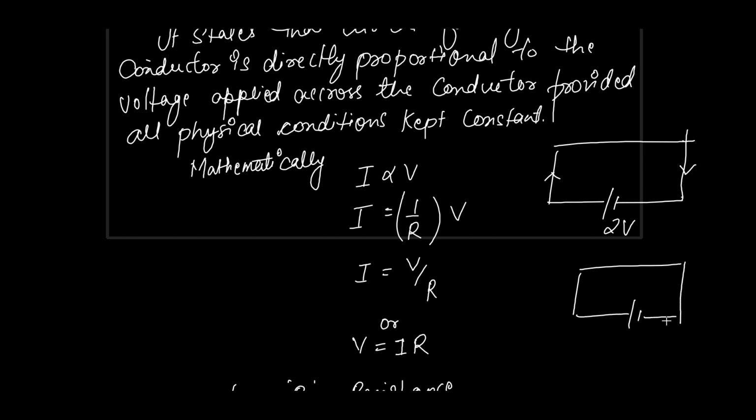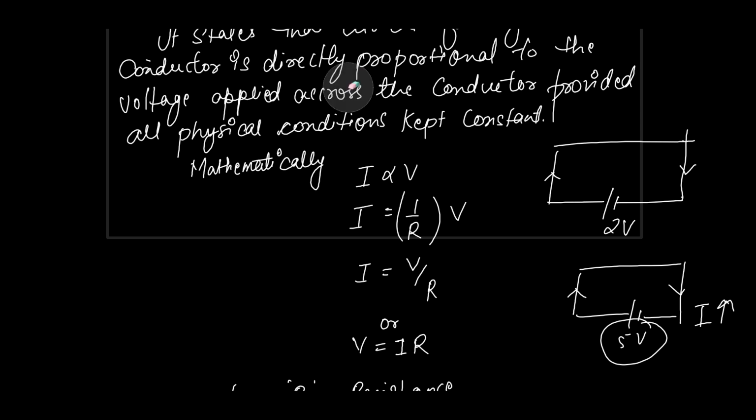And I have another circuit where the voltage is 5 volts. If you are asked in which of these two cases the current will be higher, then according to Ohm's law you can directly say that if the potential is higher, the current will also be greater. So if you increase the potential across the conductor, the current in the conductor will also increase, and they are proportional.